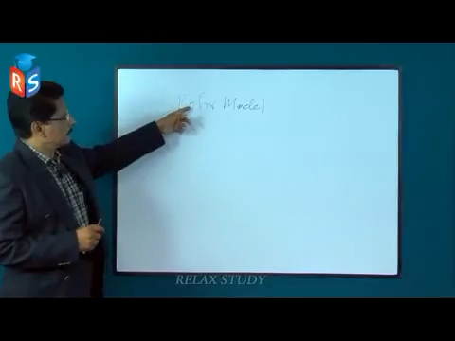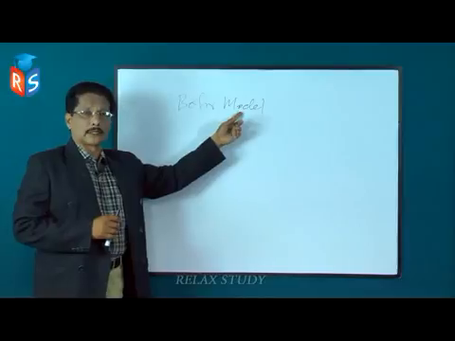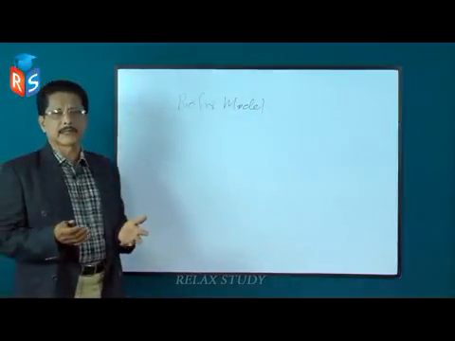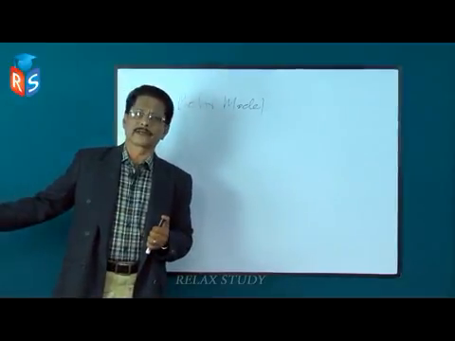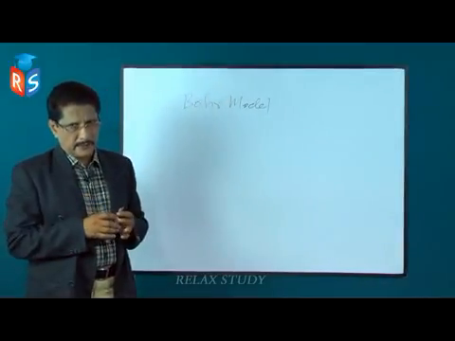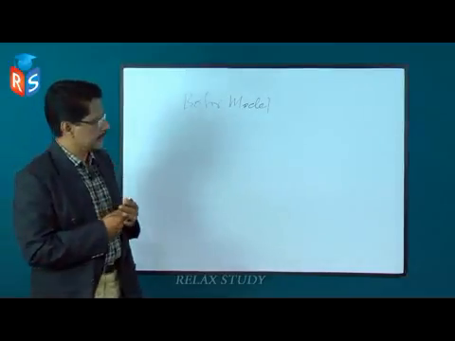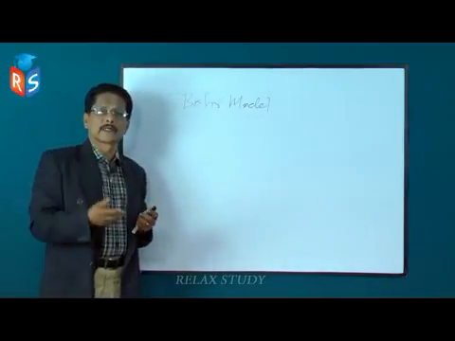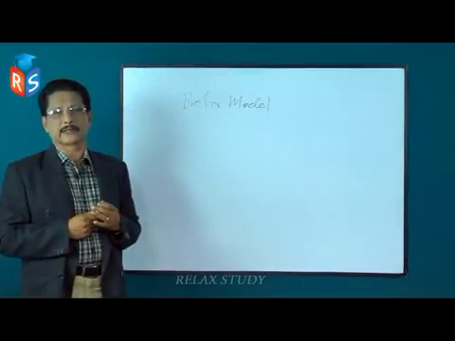Now, in fact, between the time Bohr came out with his model and the old Rutherford model, there was a time gap, and during that time gap, certain important developments took place in the scientific research on the structure of atom. One was the discovery of the dual nature of electromagnetic radiation, and the second one was the discovery of the emission spectrum and the absorption spectrum of the hydrogen atom.